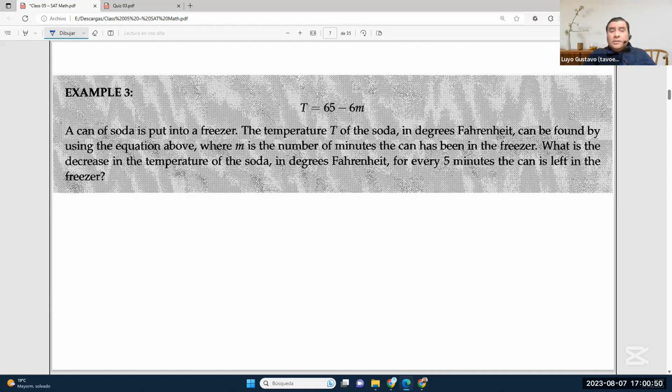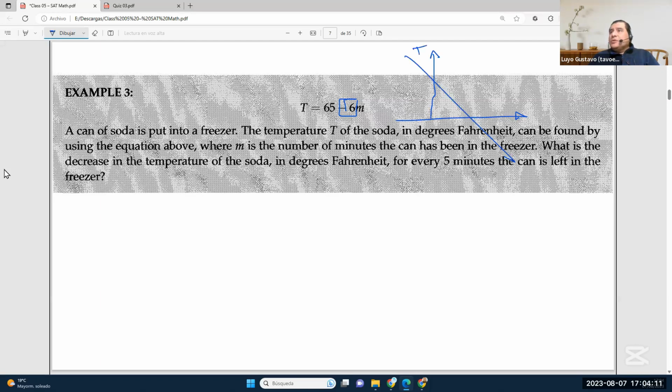What do you think is the answer? Okay, this is a tricky question. If you understood how to interpret linear models so far, then you can see that this constant here is the slope of the line, because this is a linear relationship, something like this.